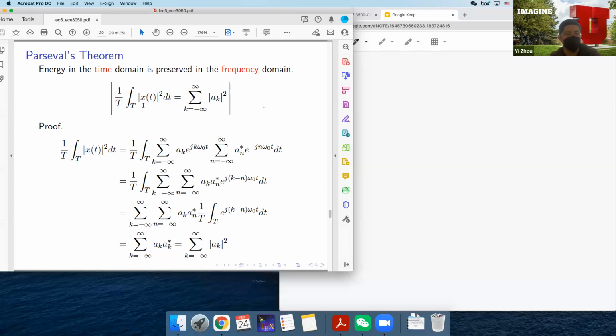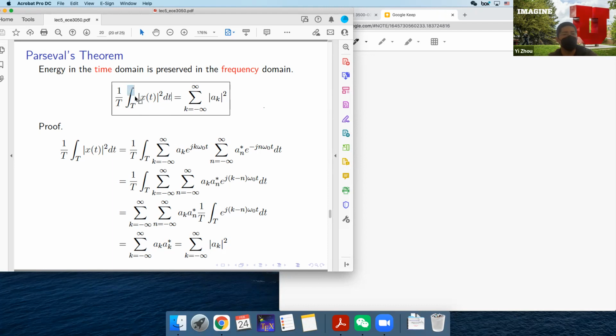On the left-hand side, because x(t) is a periodic signal with period capital T, if you recall the definition of power, the left-hand side is the power of the signal x(t) over one period.